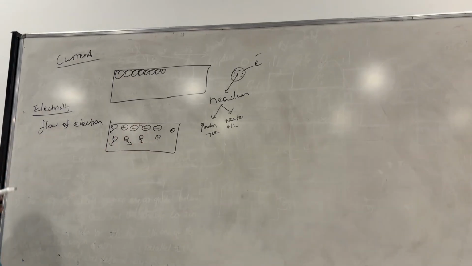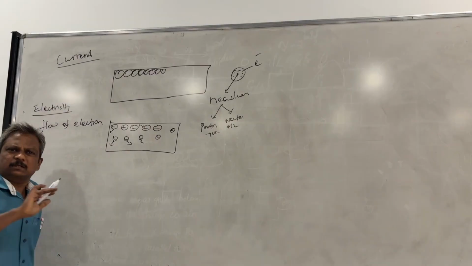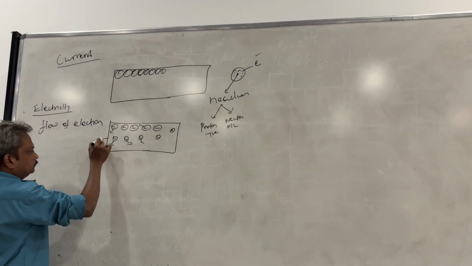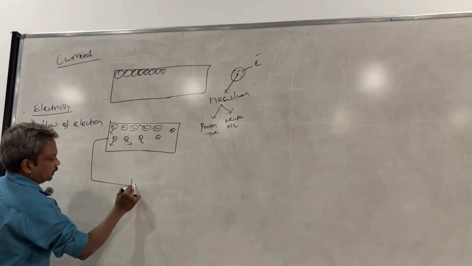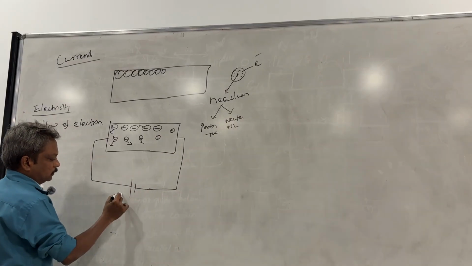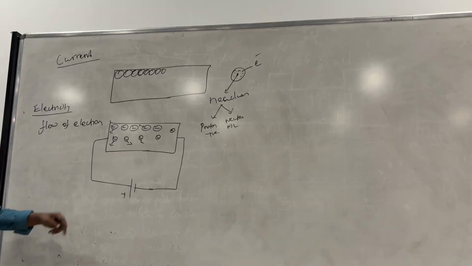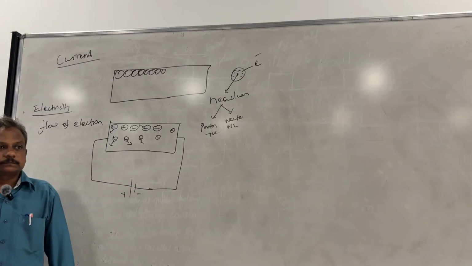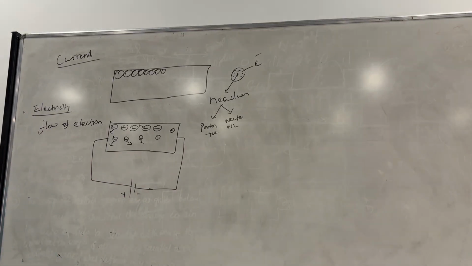As soon as we apply potential, potential means giving a battery. Like that I am giving one. Large bar indicates positive and small bar indicates negative. What is happening in the universe: opposite poles attract each other, same poles repel each other.